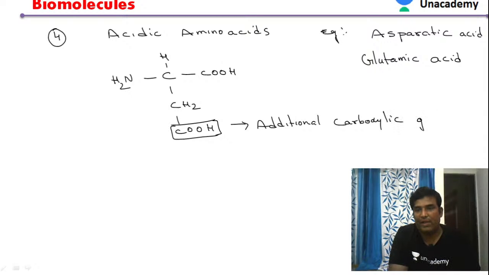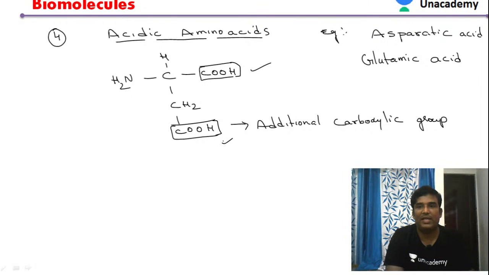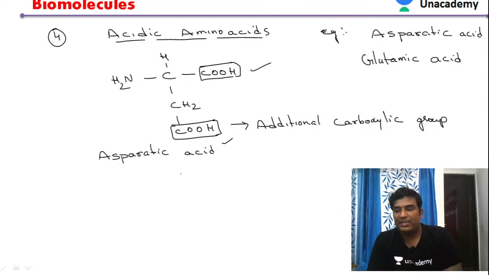This type of amino acid is called an acidic amino acid. It has an additional carboxyl group, apart from the usual carboxyl group. That is the reason it is called an acidic amino acid. The diagram which I have drawn in the structure is aspartic acid. So the best examples of acidic amino acids are aspartic acid and glutamic acid.